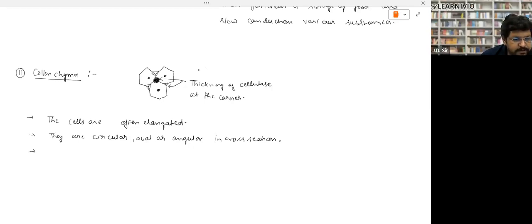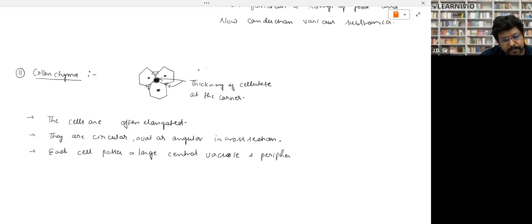Each cell possesses a large central vacuole and peripheral cytoplasm.